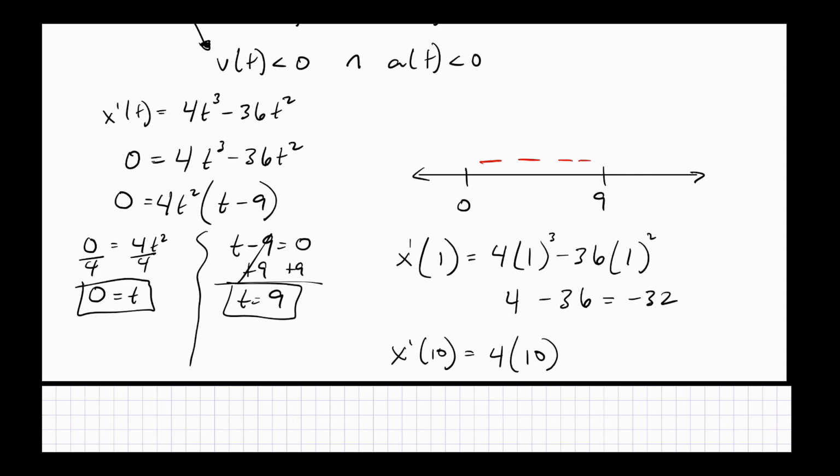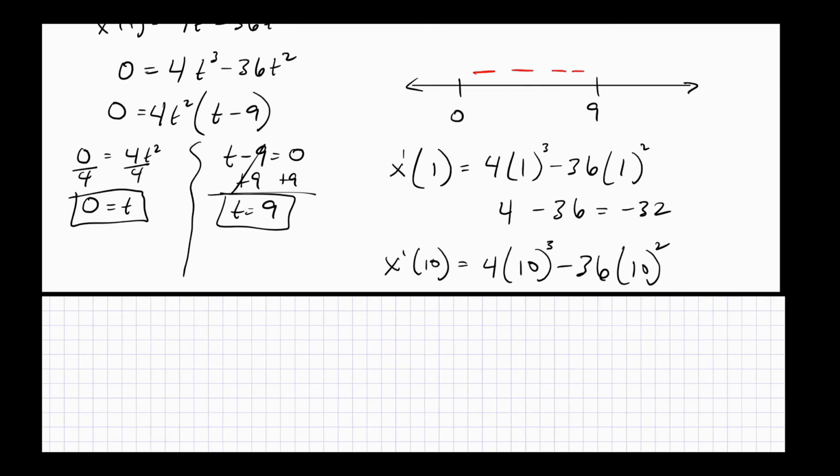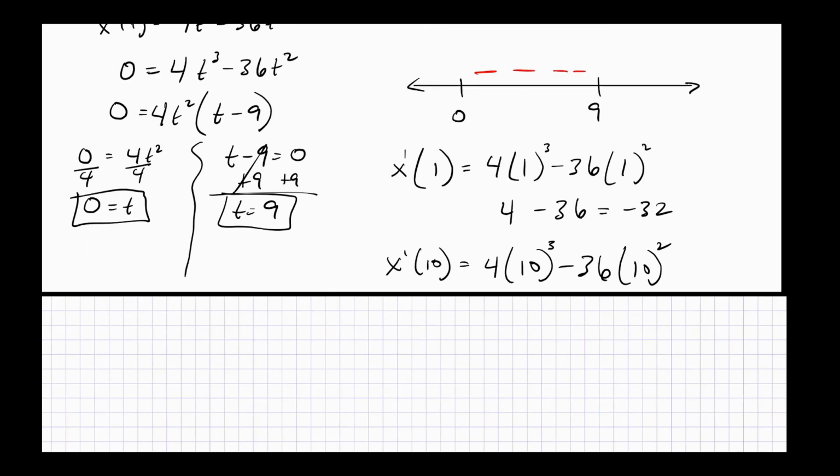4 times 10 cubed minus 36 times 10 squared. So we're just checking to see which term is bigger. Well, 10 to the third power is 10 times 10 times 10, or 10 with 3 zeros. 10 times 10 is 100. 100 times 10 is 1,000.